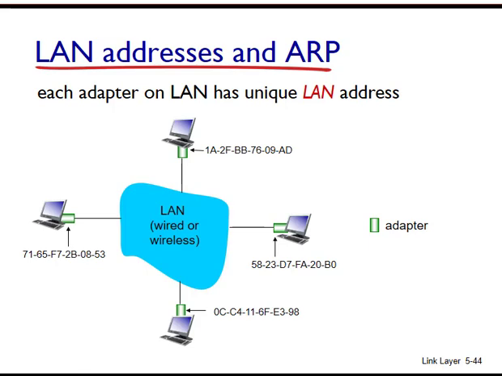For most LANs, including Ethernet and 802.11 wireless LANs, the MAC address is 6 bytes long, giving 2^48 possible MAC addresses. As shown in Figure 5.16, these 6-byte addresses are typically expressed in hexadecimal notation, with each byte of the address expressed as a pair of hexadecimal numbers.